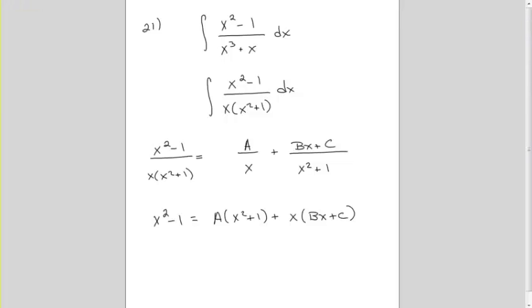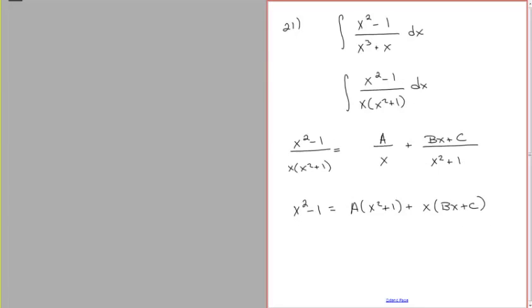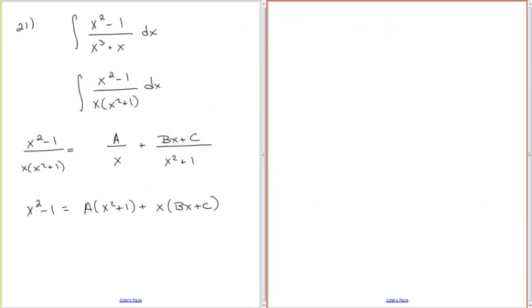So let's just open another page. Put these on the same page. So we're going to leave the left-hand side the same until we get everything grouped. So the right-hand side will become a x squared plus a plus b x squared plus cx. So that's distributing a to these 2 terms and x to those 2 terms.